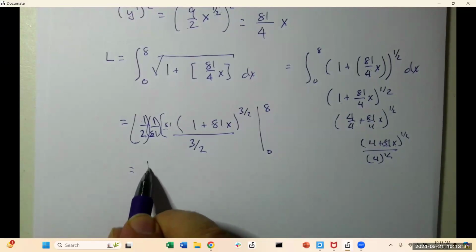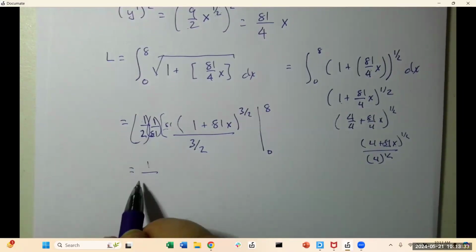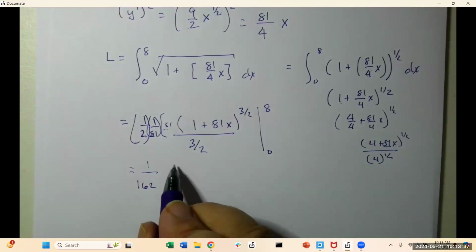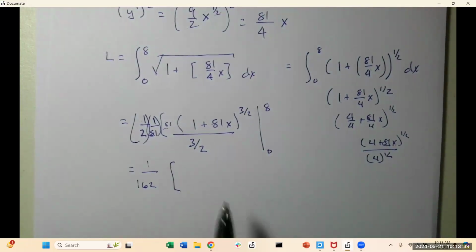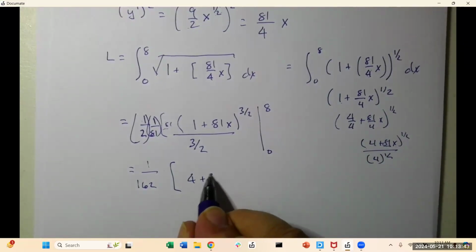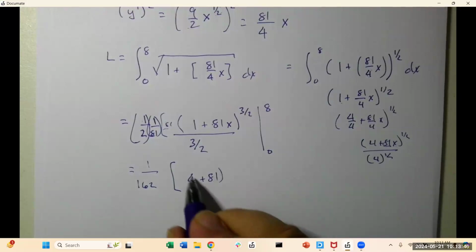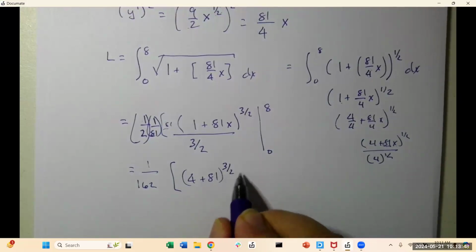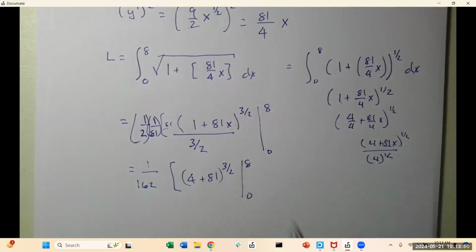So we have 1/81 times 2, which is 162. And on this side we have 4 plus 81x to the 3/2, from 0 to 8.